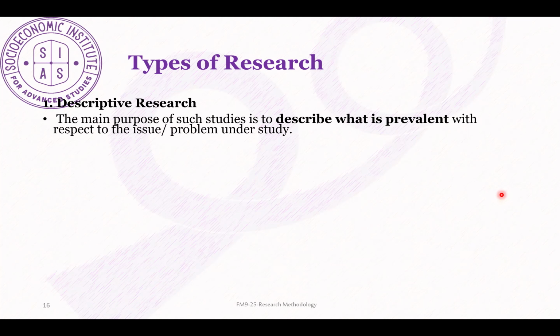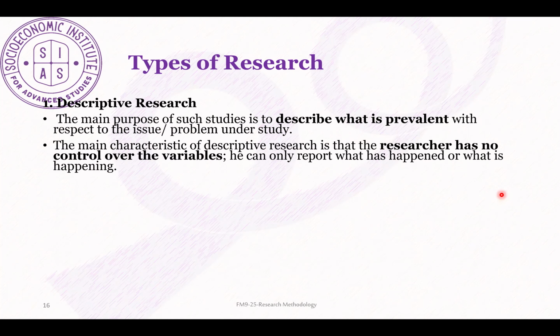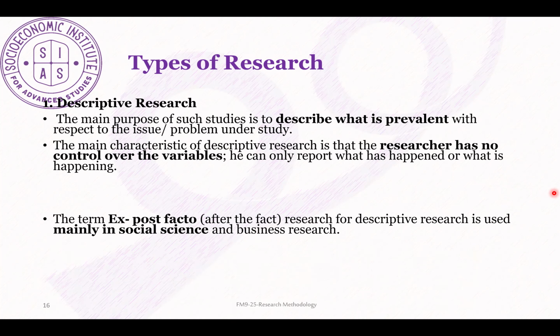Okay, and then we have the main characteristic of the descriptive research is that the researcher has no control over the variables. He can only report what has happened or what is happening. Okay, so again, the researcher has no control over the variables, but at the end of the day, he can only report what is happening.